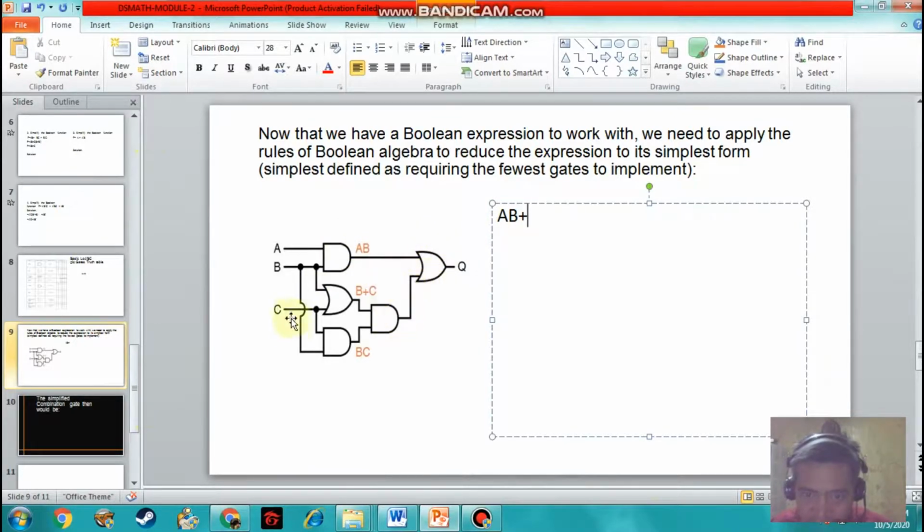Kaso, may complex diagram pa tayo dito. So, ayan. Sagutin natin. In this case, umpisa natin dito. Meron tayong ditong BC. So, mag-AND muna tayo. Maglagay muna tayo ng AND, multiplication.